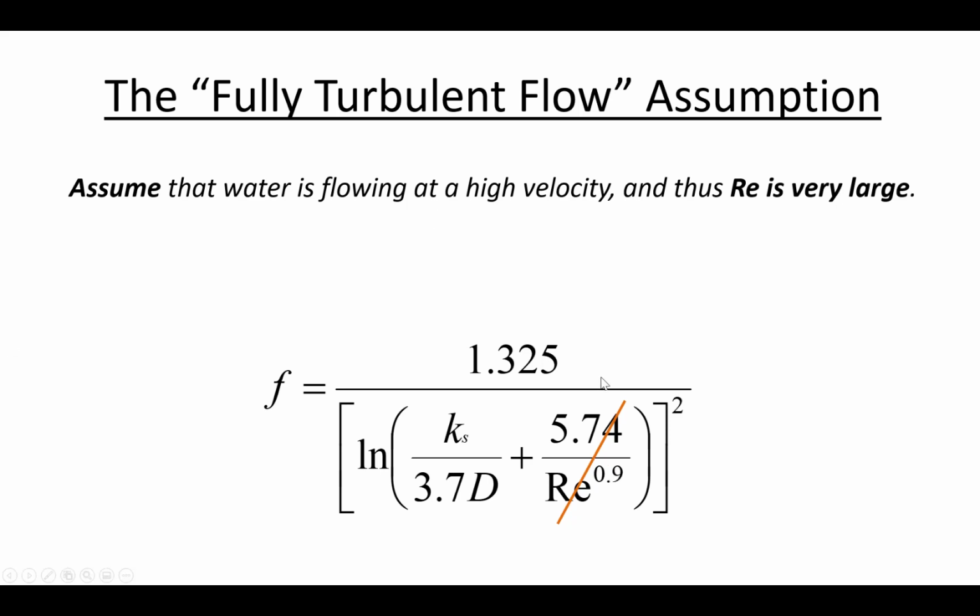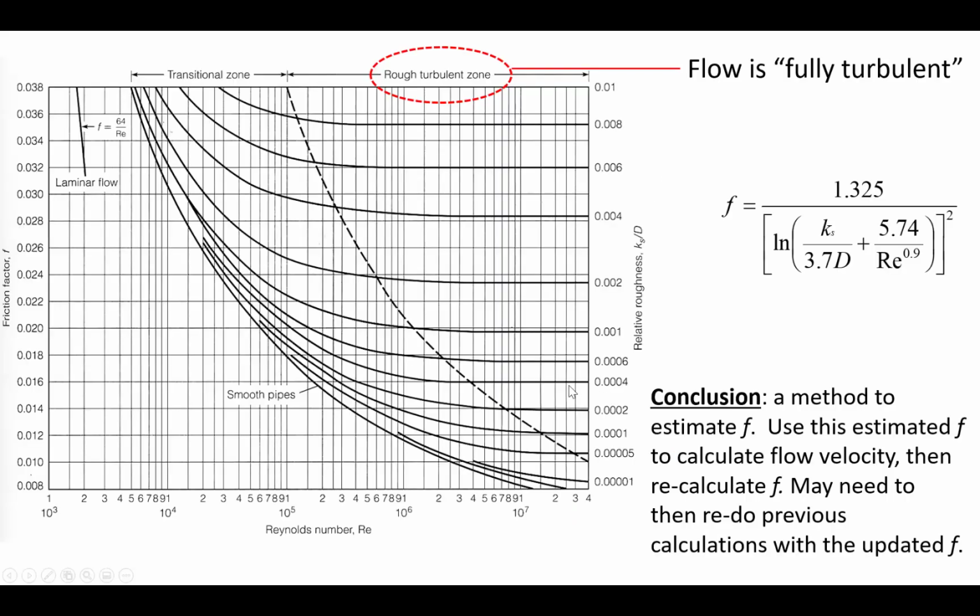So that's the assumption. And what it comes from, here's our Moody diagram. Remember that in the Moody diagram, there's part of the figure where the curves seem to be curved, and part of the diagram where they're more or less flat.